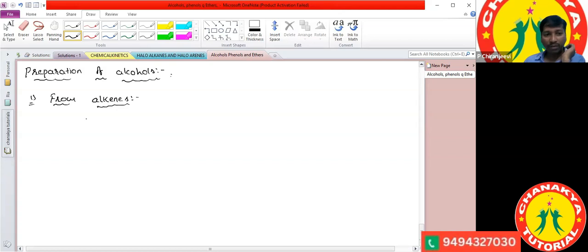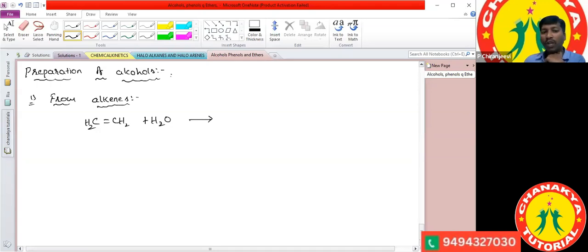For example, what is the simplest alkene? Ethene, CH2=CH2. Addition of water molecule: if the alkene undergoes the addition reaction with the water molecule, it forms ethanol.